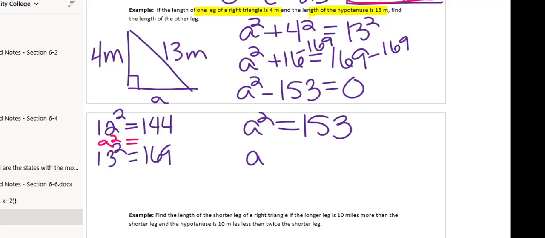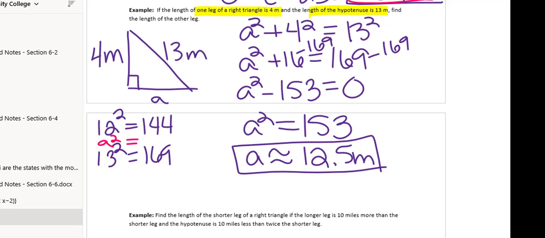So A, we're going to say is approximately 12.5. Okay, just a little estimation, and we'll put meters. Sorry about that. I think the answer, when I look at this, I think it was supposed to be 5 meters, but there must have been a typo in my notes. 5 meters would have made it perfect.